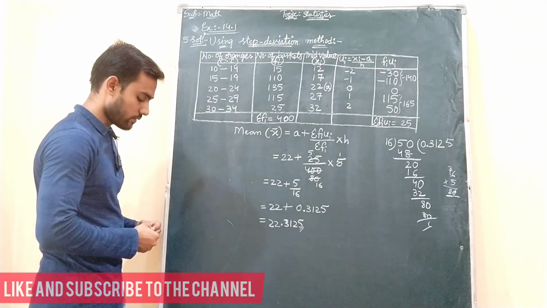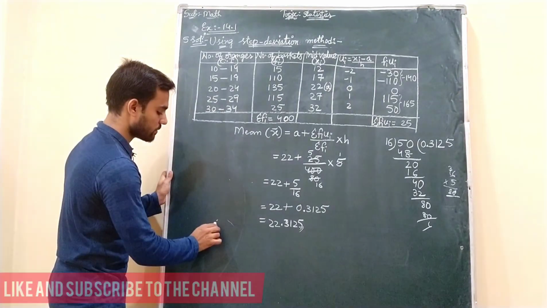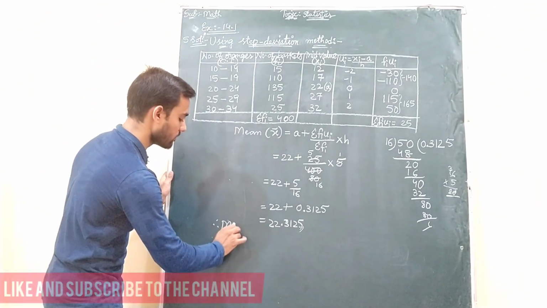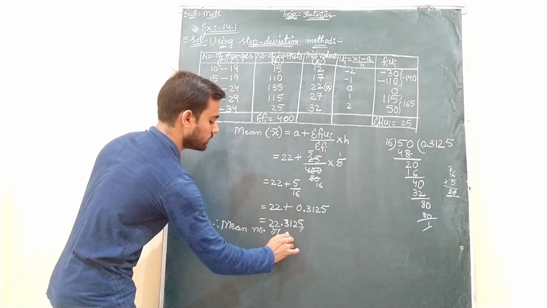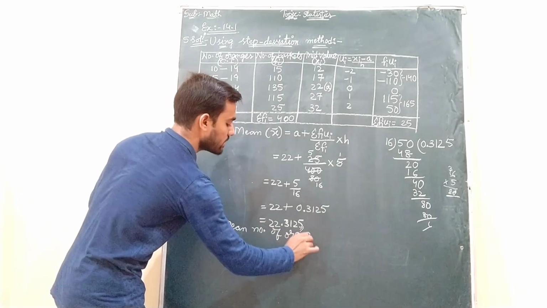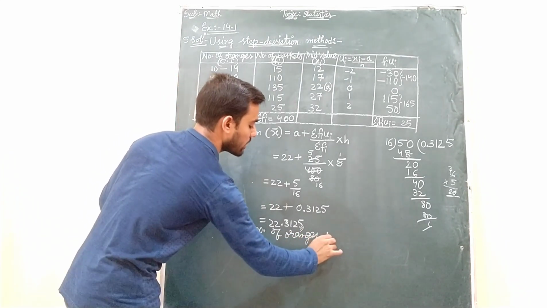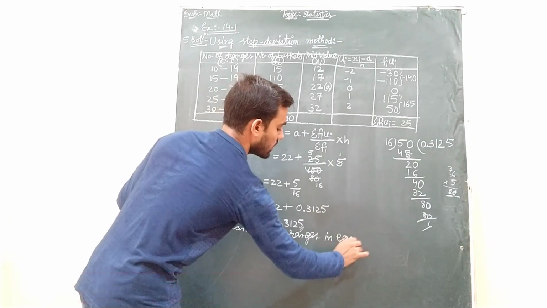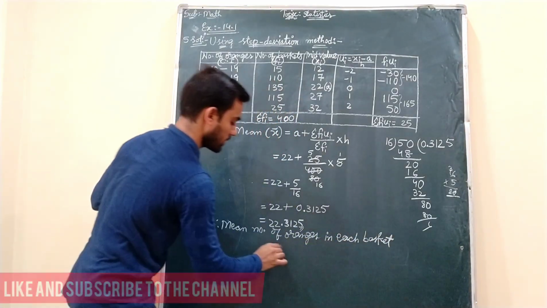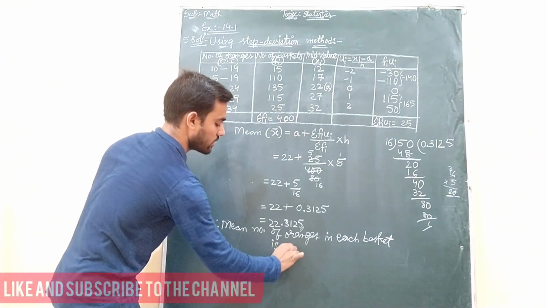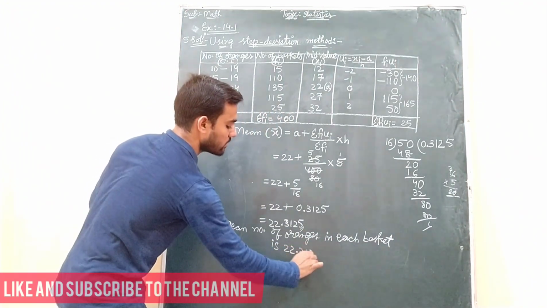The question was find the mean number of oranges in each basket. Therefore, the mean number of oranges in each basket is 22.3125.